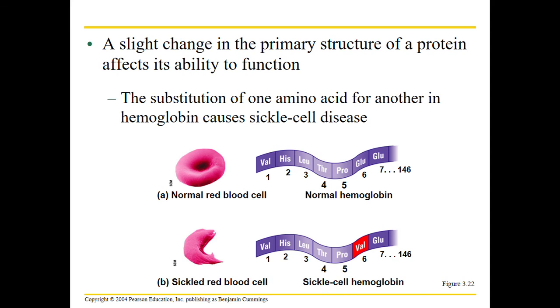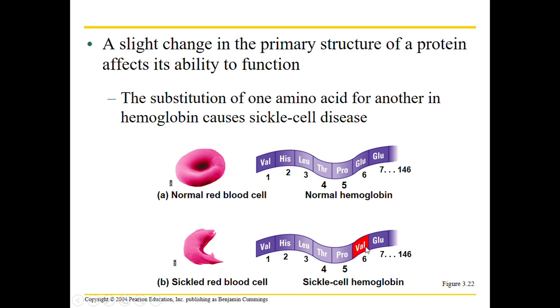So, for example, here we have a normal red blood cell with this protein chain. Normal hemoglobin, normal red blood cell. Down here we have a sickled red blood cell, and this is what that chain looks like in a sickle cell hemoglobin. So that's what the amino acid chain will look like.